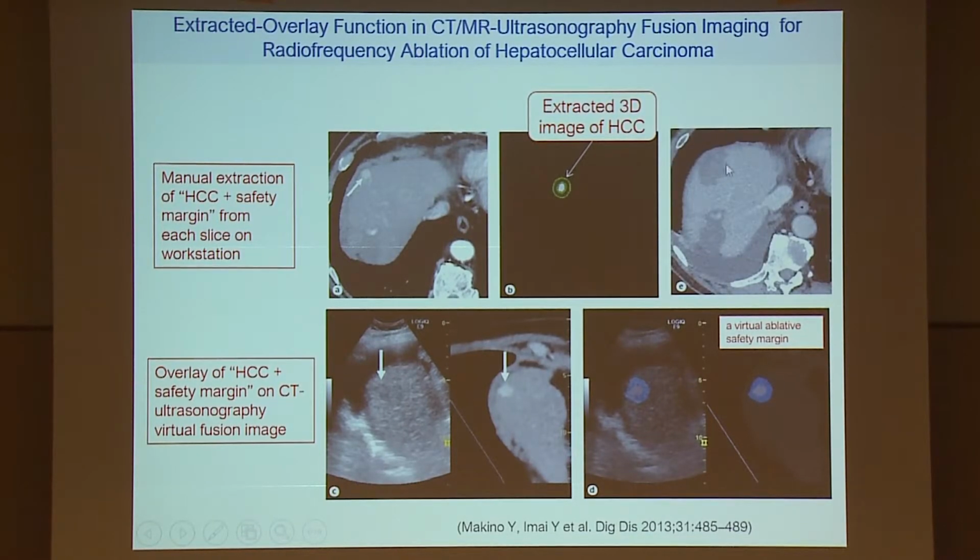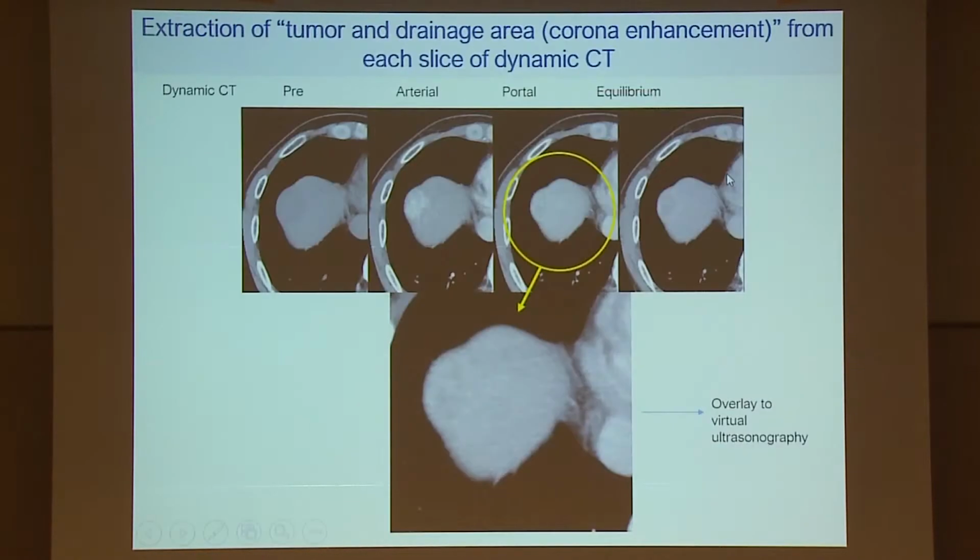And they could perform successful RFA, including safety margin. So I think by careful observation of the portal or late arterial phase, we can trace the drainage area. So this kind of picture can be superimposed on the real-time ultrasound imaging during RFA.